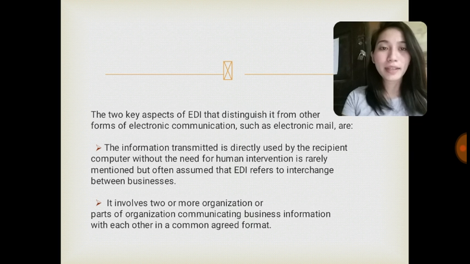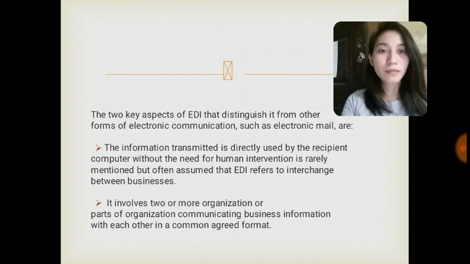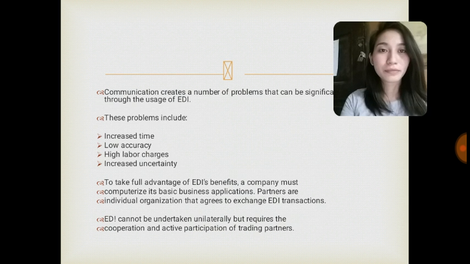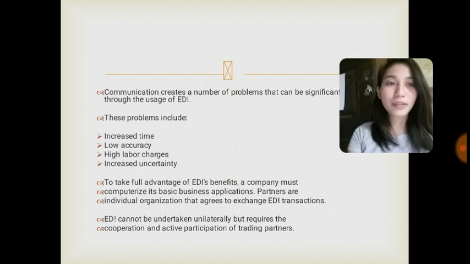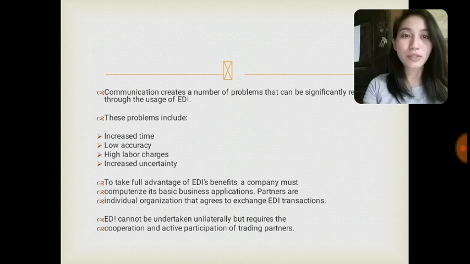It's rarely mentioned but often assumed that EDI refers to interchange between businesses. It involves two or more organizations, or parts of organizations, communicating business information with each other in a common agreed format. Communication creates a number of problems that can be significantly reduced through the usage of EDI.